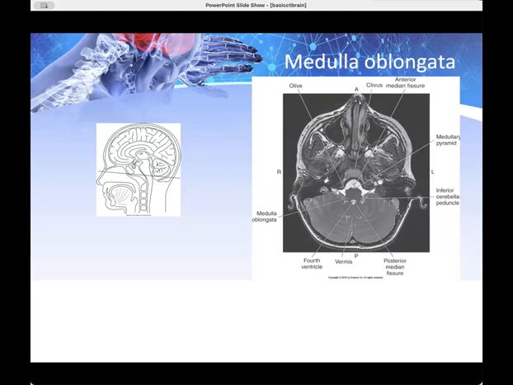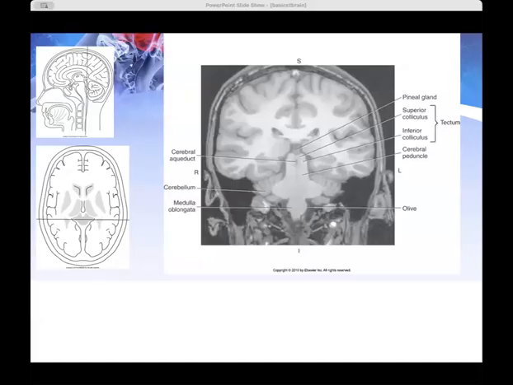These centers are involved in the control of heart rate, respiratory rate, rhythm, and blood pressure. This slide demonstrates a coronal T1 weighted MRI of the medulla oblongata and olives.